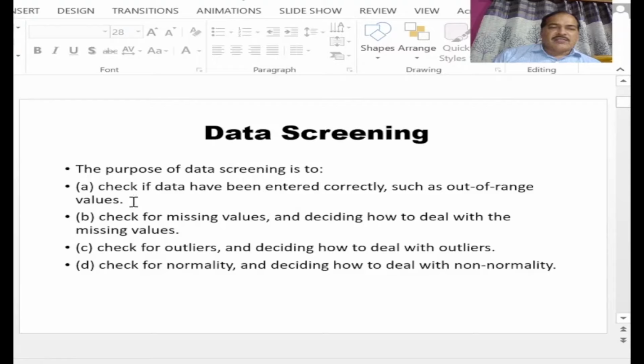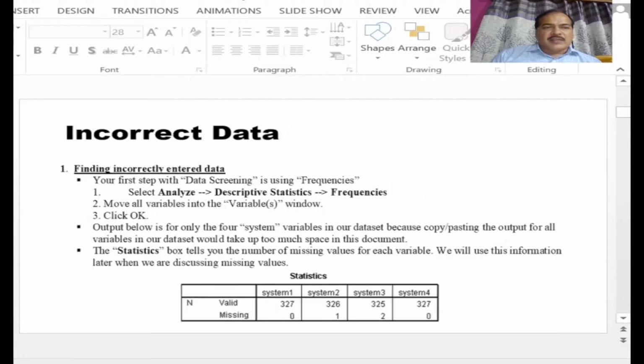If data is normally distributed, we can go for different types of data analysis or statistics. And if our data is not normally distributed, in that case, we can go for non-parametric data analysis. So one by one, we are going to discuss the different objectives, and how we can handle the process of the data screening.